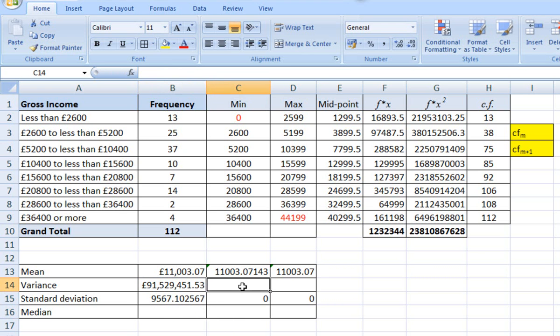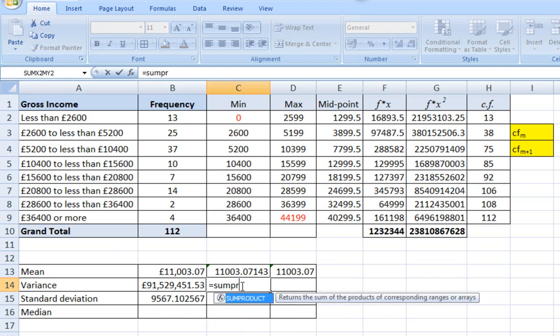There's another way of calculating using the sumproduct formula. Sumproduct of the fx squared, so it's the f, comma, the x squared. Let me put it between brackets. So these are the x's, the midpoints, between brackets, and we raise them to the power of 2.